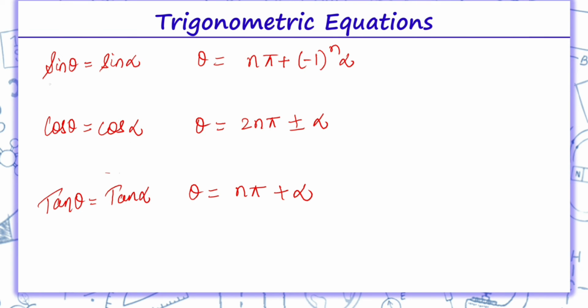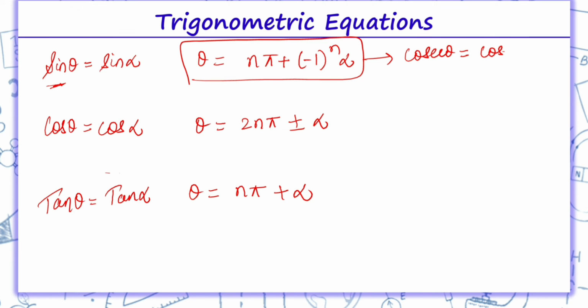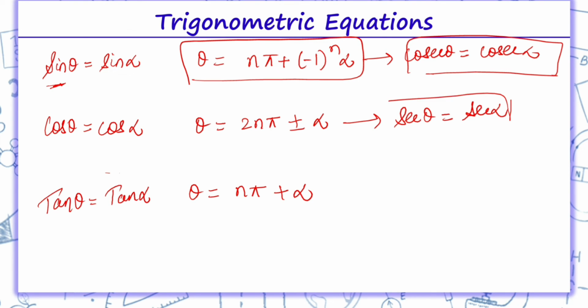Now since cosec theta is reciprocal of sin theta, this is equivalent to this formula only. That means this formula is also applicable for cosec theta equal cosec alpha. Similarly, sec theta is reciprocal of cos theta, so this formula is also applicable for sec theta equals sec alpha.